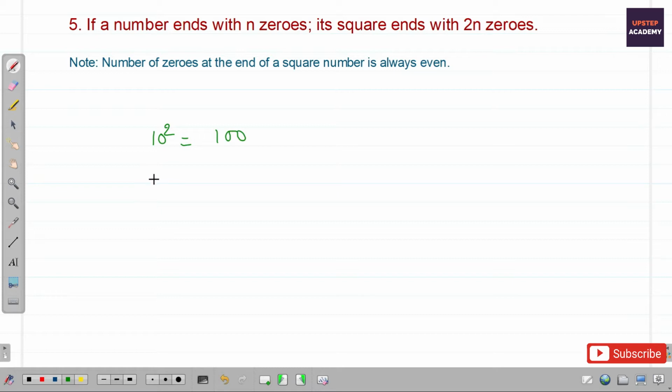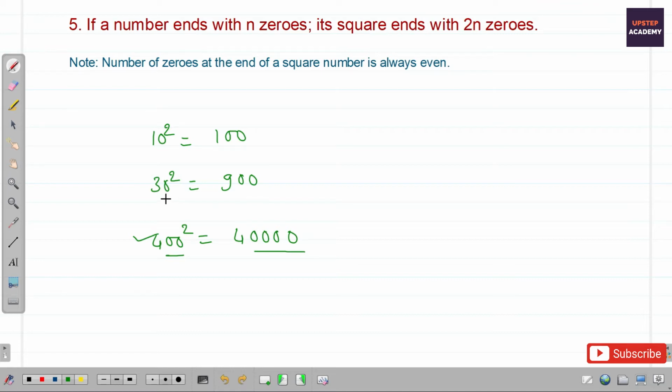For another example, let's take 30. Square of 30 is 900. Let's take 400. Square of 400 is 160,000.